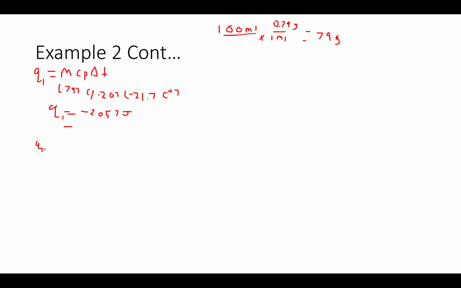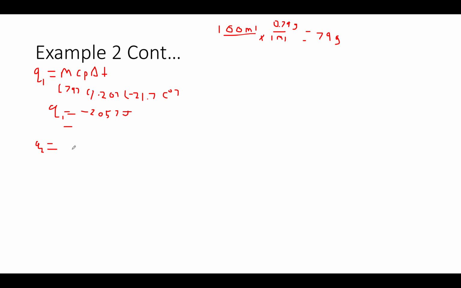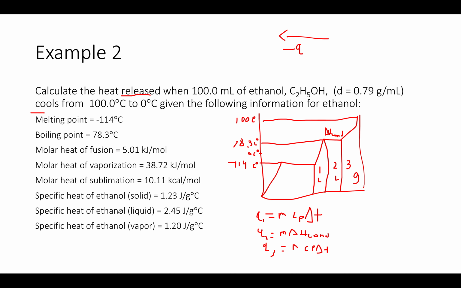Q2, we're in enthalpy change. It's the mass times the heat of condensation. Temperature is constant, so no change in temperature. Wait a minute, we're not given the heat of condensation, but what do you know? You know that the heat of vaporization is the opposite of the heat of condensation.